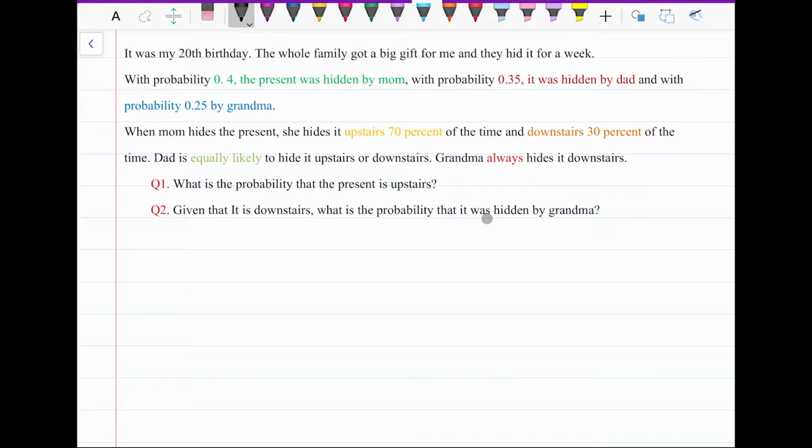Okay, so let's see what we have in here. Let's define U to be the event that the present is upstairs.